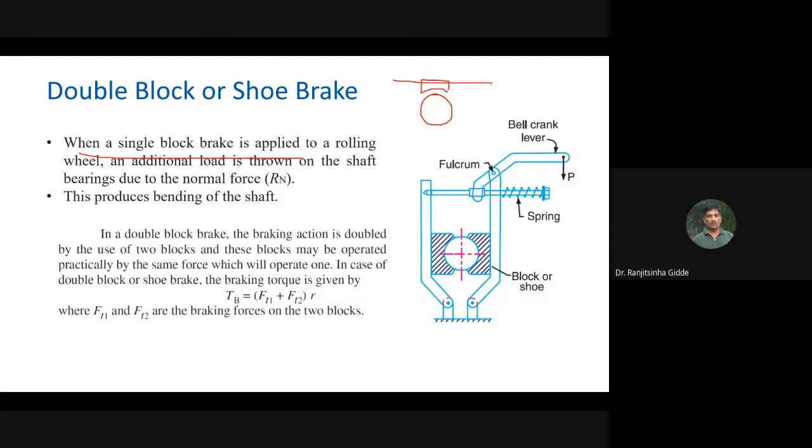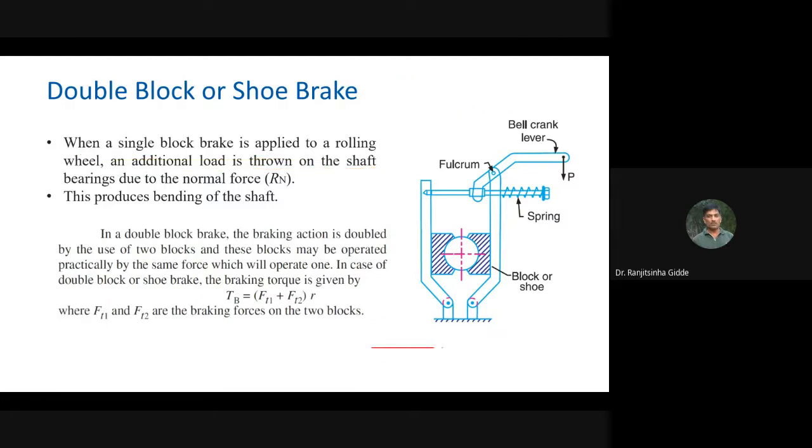With the help of a lever, we can apply the brake at this contact surface. So an additional load is thrown on the shaft bearing due to the normal force. This one is the axle on which the wheel is mounted. In another view, you can consider it like this.